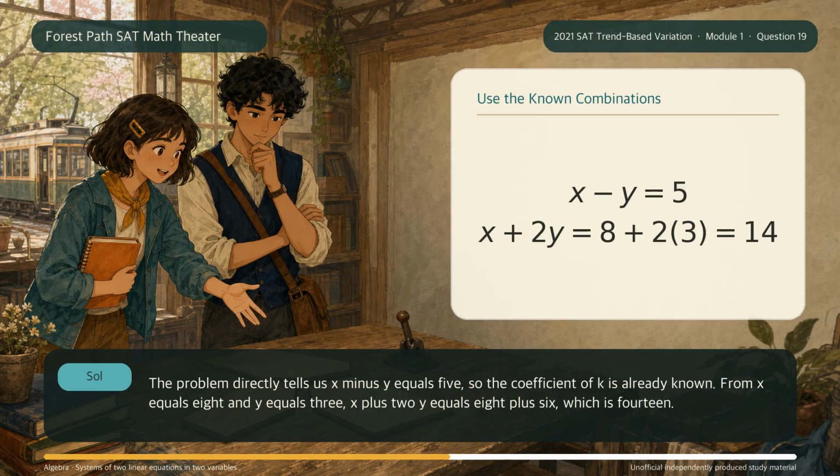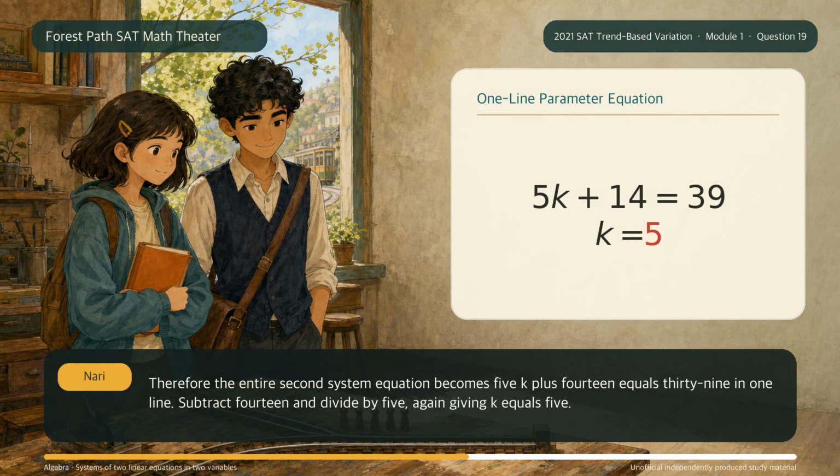The problem directly tells us x minus y equals 5, so the coefficient of k is already known. From x equals 8 and y equals 3, x plus 2y equals 8 plus 6, which is 14. Therefore, the entire second system equation becomes 5k plus 14 equals 39 in one line.